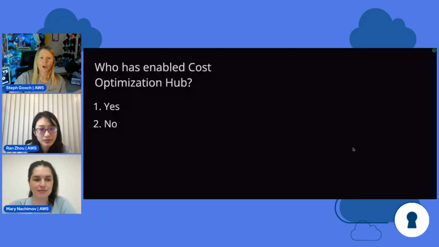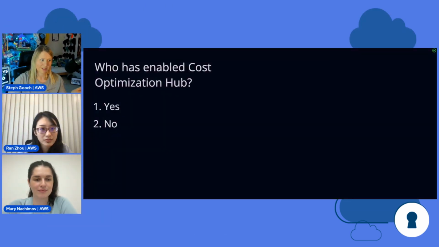So to get us ready on that, why not we ask a quick chat poll question? And before I do, all these people are loving it. We use Cost Optimization Hub, and people are saying, hey, Cloud Strive's here, amazing. So let's share a quick poll. 1 for yes, 2 for no. Who has enabled Cost Optimization Hub?